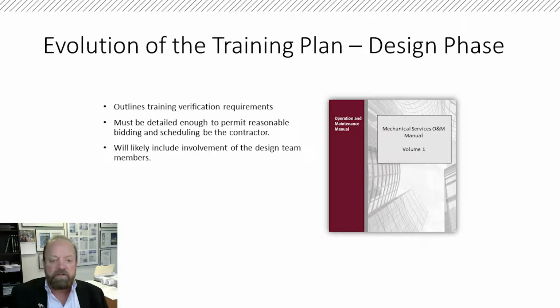During the design phase, you also outline the training verification requirements. It must be detailed enough to permit reasonable bidding and scheduling by the contractor, and will likely involve the design team members.